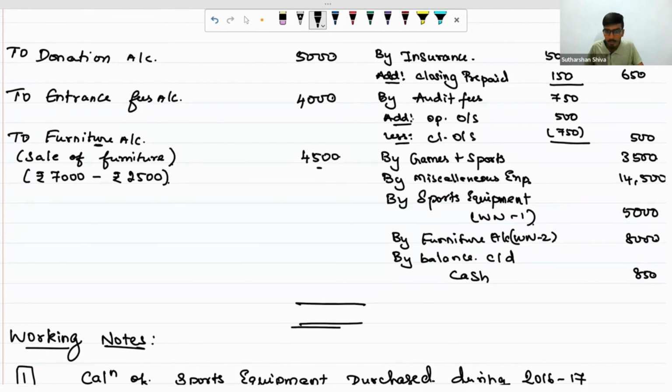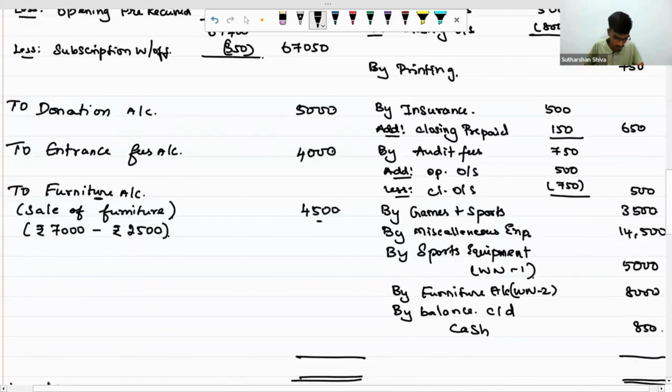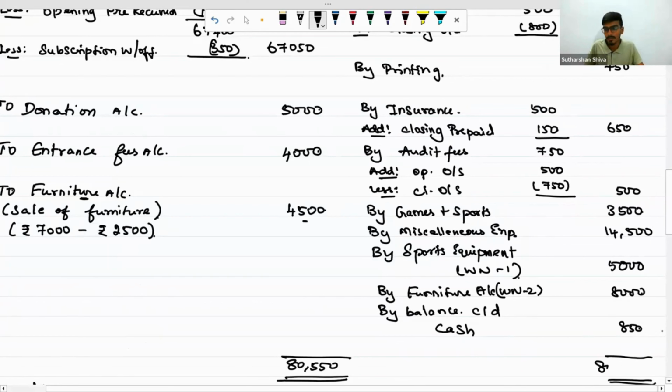In most of the probable cases, my debit side will be higher. Try to calculate it. 67,050, and give me the total. What is my total? 80,550 is my total.